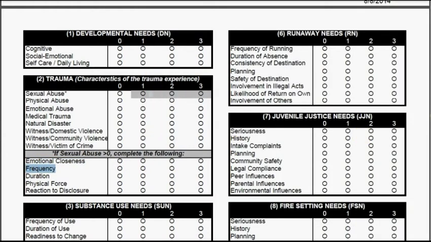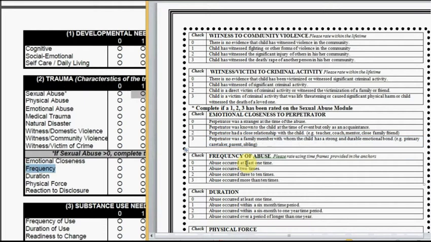The next one is frequency. 0, abuse occurred at least 1 time. So remember that this is a sub-supplemental, so we know that there was either 1 event or suspicion, right? So 0, abuse occurred at least 1 time. 1, abuse occurred twice. 2, abuse occurred 3 to 10 times.